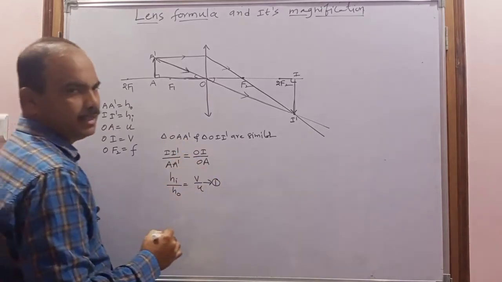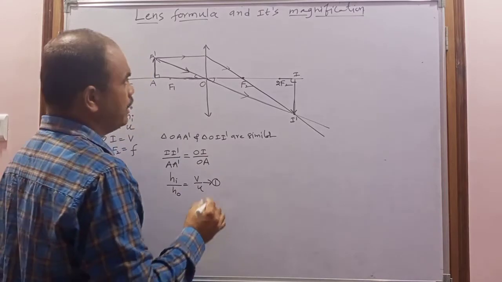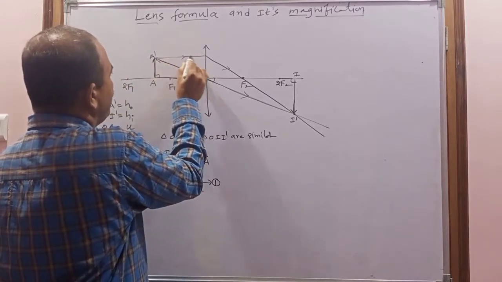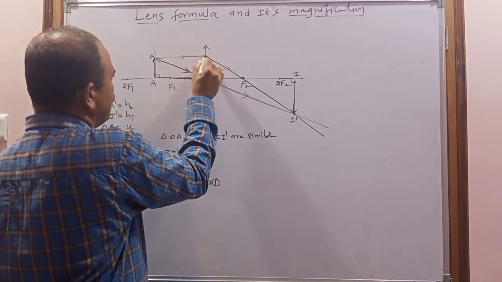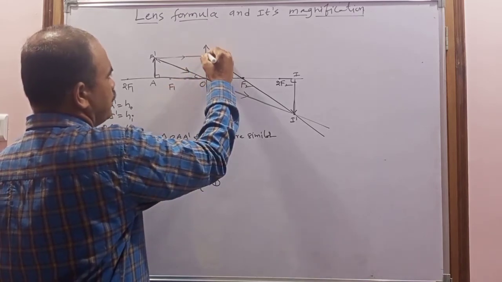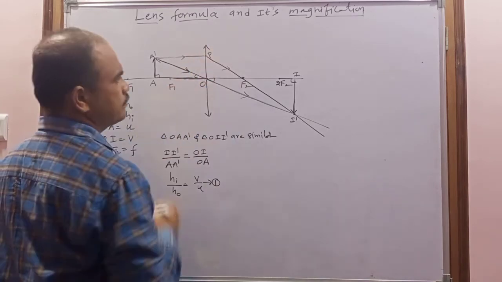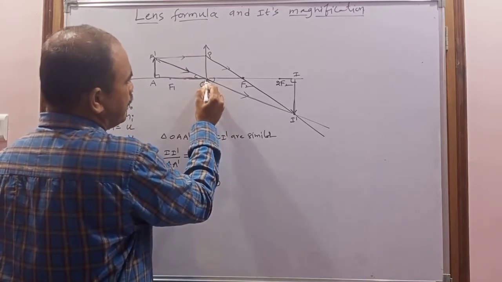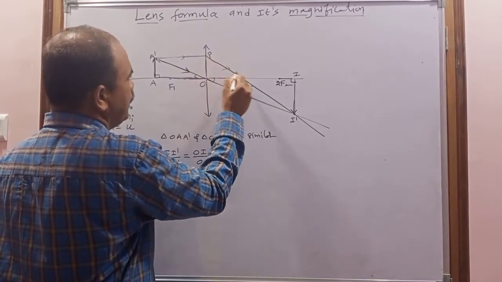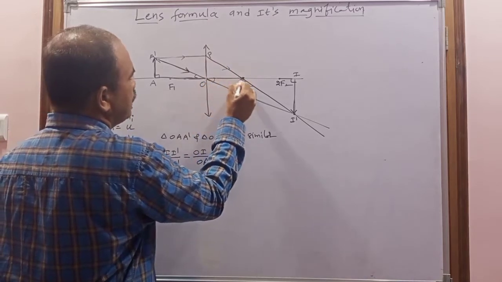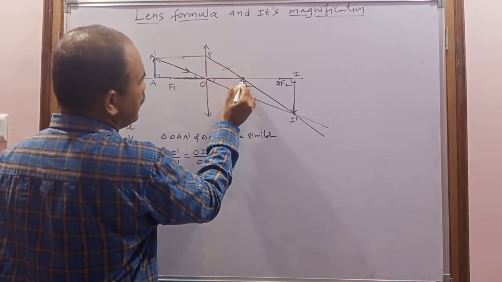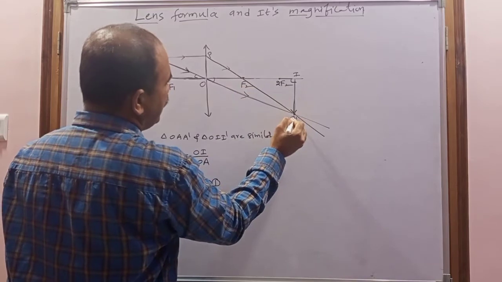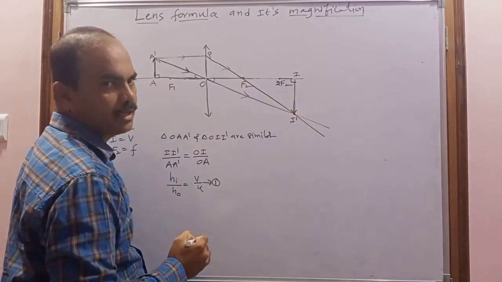And next, in this diagram there are also two similar triangles. Now consider an incident ray parallel to the principal axis incident on the convex lens. That point will be considered P. So now there are again two similar triangles, one is triangle OPF2 and the next one is triangle F2II'. These are similar triangles.